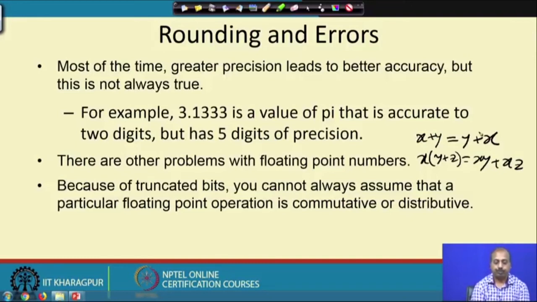Some of the bits may be truncated. So, you cannot always assume that x plus y will always be equal to y plus x, or in particular that x into y plus z will be x y plus x z. So, that is another very problematic situation. While handling these floating point numbers, you have to be careful with them.